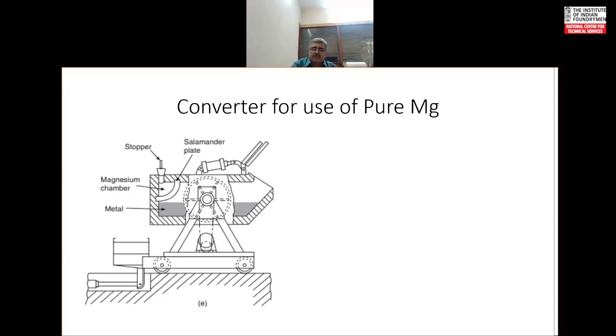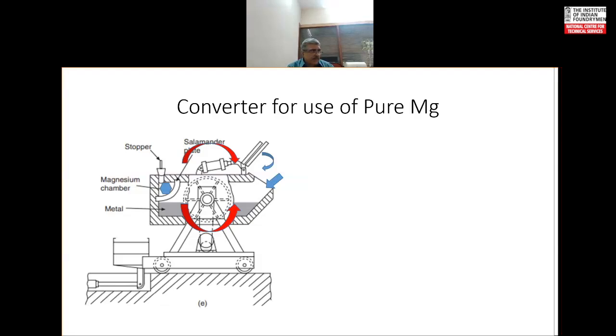the George Fisher converter, and I'm sure many of you would be very familiar with this. You place magnesium in the treatment chamber here. Take the liquid metal when the converter is in horizontal position, close the lid, rotate the converter to a vertical position.